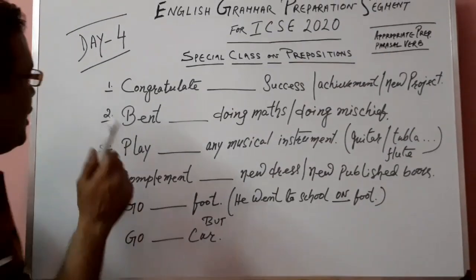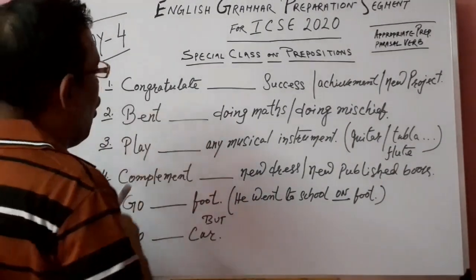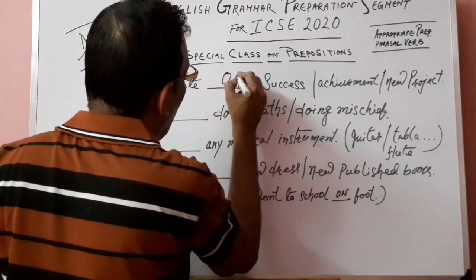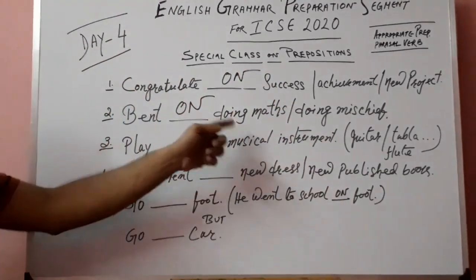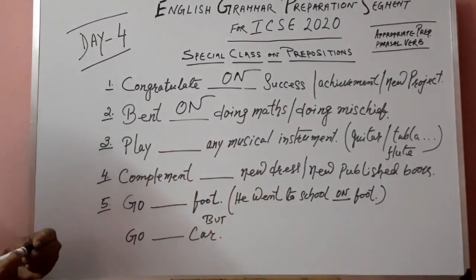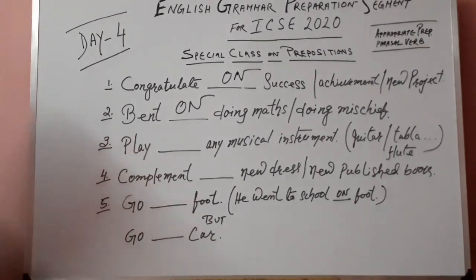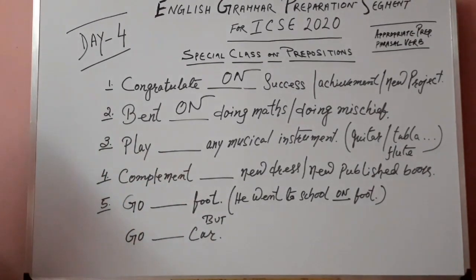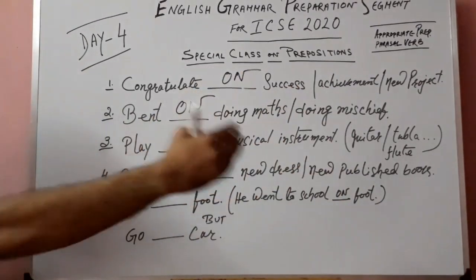Okay, next, bent. For bent also on. So congratulate on, bent on. Bent on doing maths, bent on doing mischief. That is, very much willing to do something. In that case, we are using bent on. So he is bent on doing mischief.